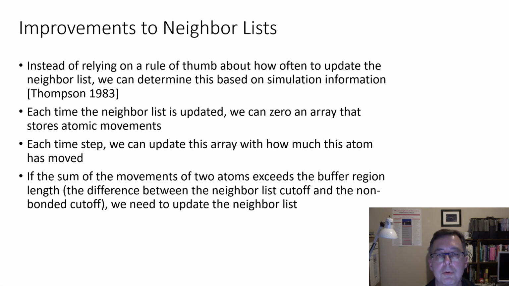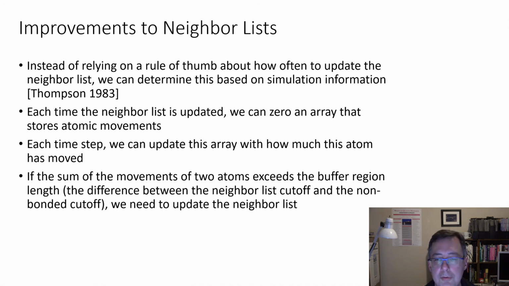You can use a few tricks, and I'll just give you a sense of what they might be. You could, for example, instead of recomputing the neighbor list every 10 or every 20 iterations, you could try to use information from the simulation itself to guess when you should update them. You can watch, well, on average, how often are the atoms moving? And that should tell you something about how often you need to be updating your neighbor list.